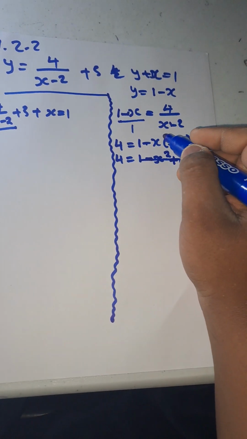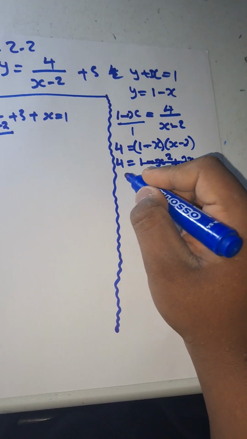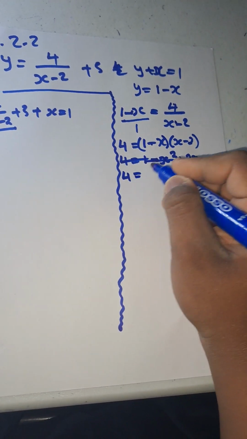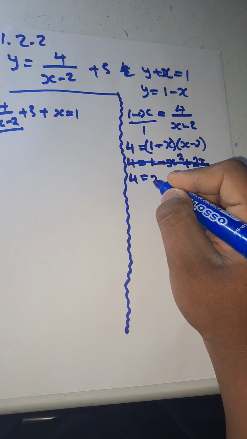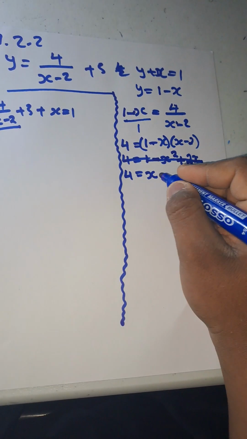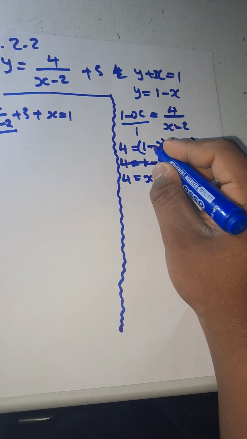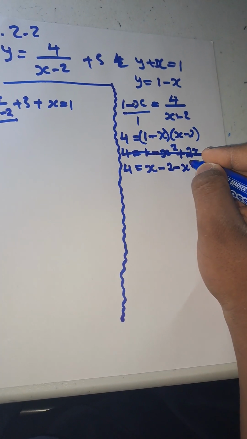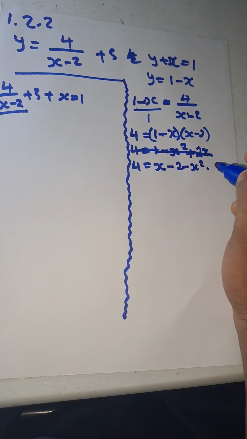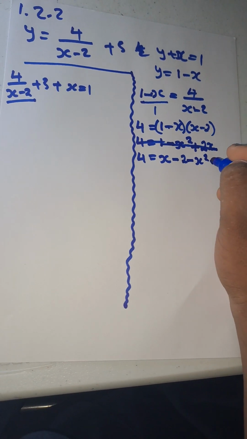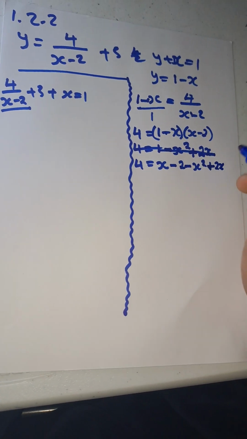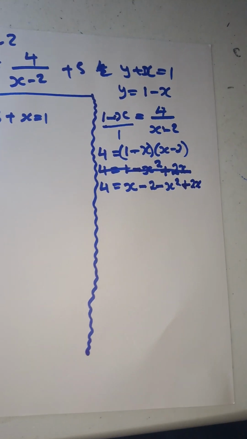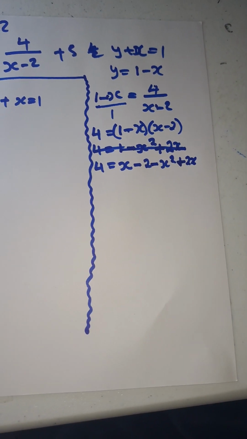I was supposed to put brackets here. So it will be 4 is equals to 1 times x, 1 times minus 2, negative x times positive x, minus x squared plus 2x. Because I already saw that it was already a disaster there.